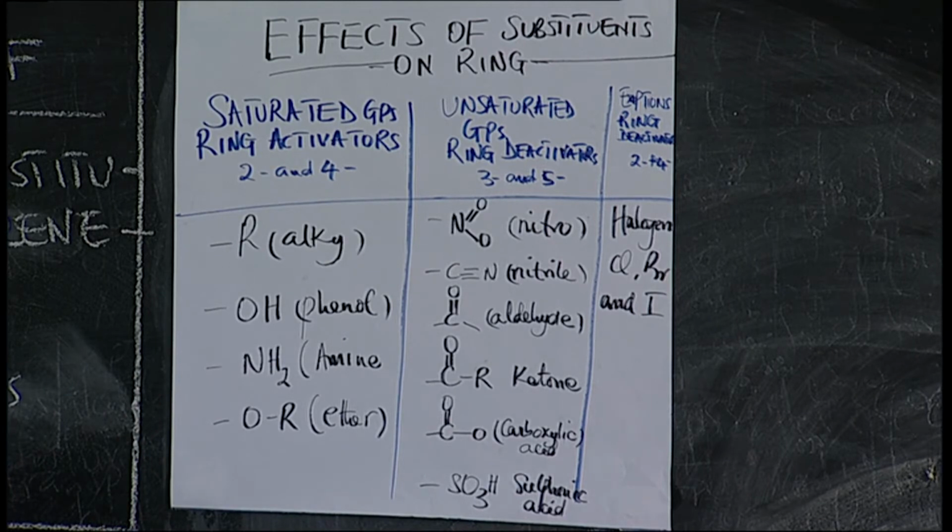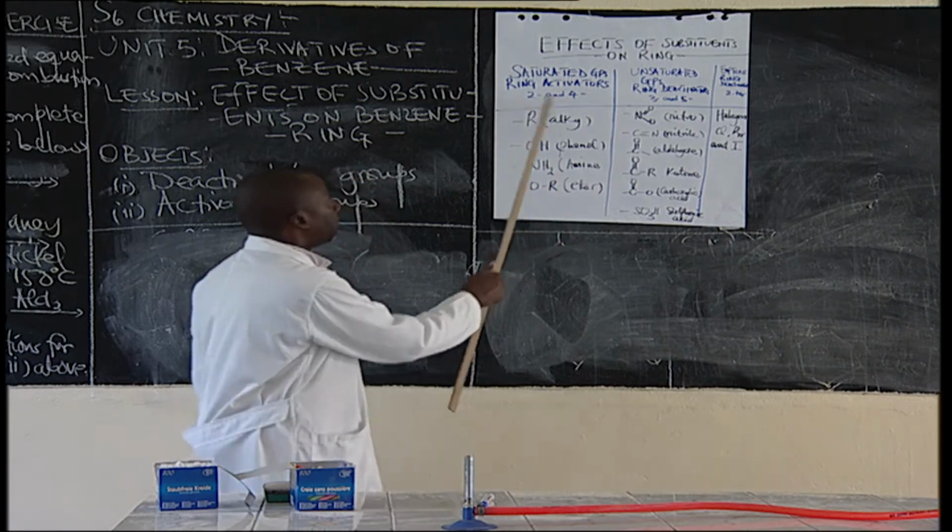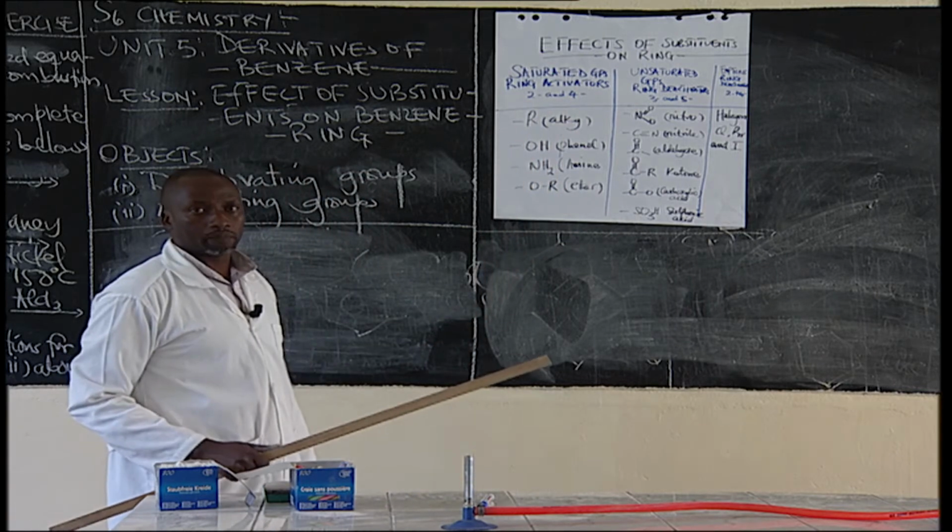What does that mean? That the 2 and 4 directs the substituent. So if you have an alkyl group on the benzene ring, that alkyl group will direct another substituent to position 2 and 4. That's what it means by writing 2 and 4 in here.